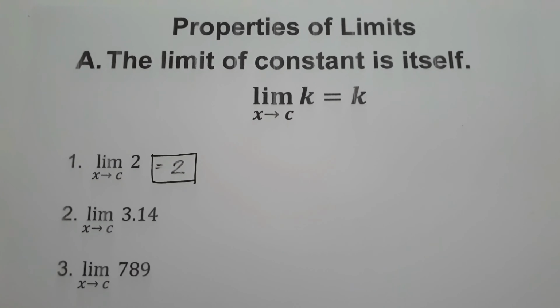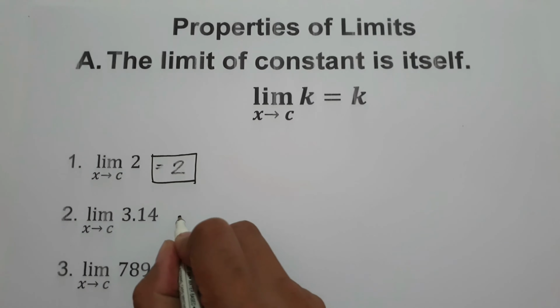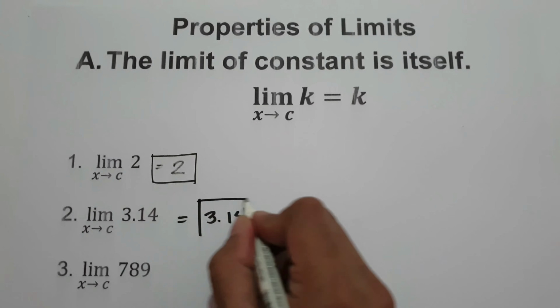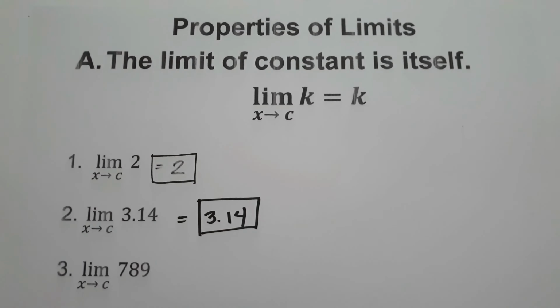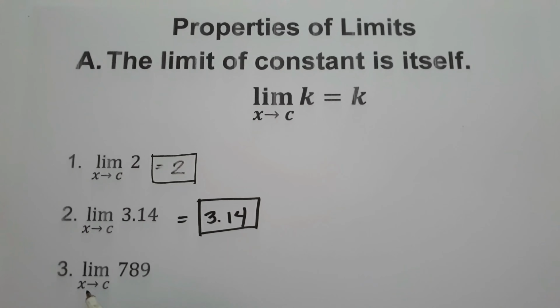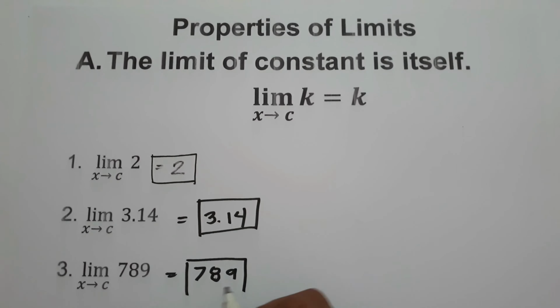And then on number 2, the limit of 3.14 as x approaches c is equal to 3.14. And this will be our answer. And then on number 3, the limit of 789 as x approaches c is equal to 789. So this will be our answer.